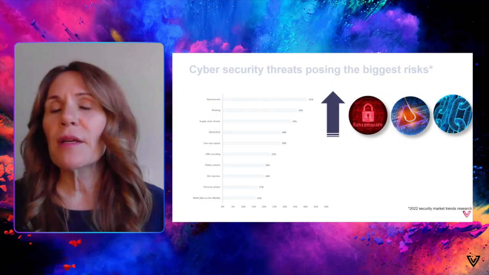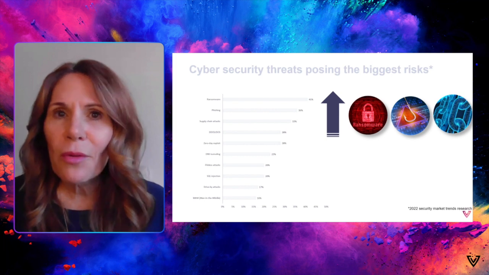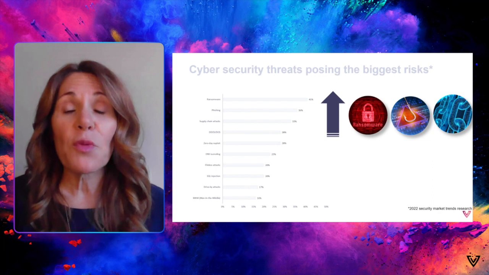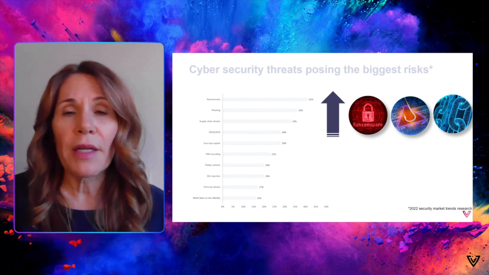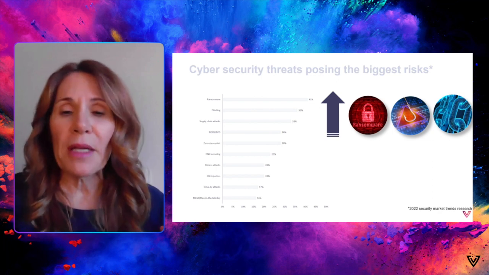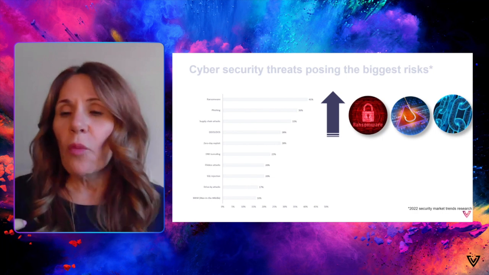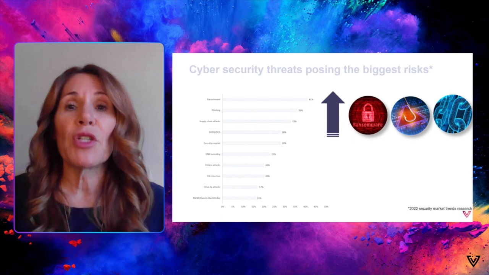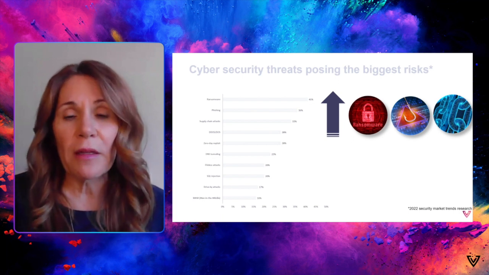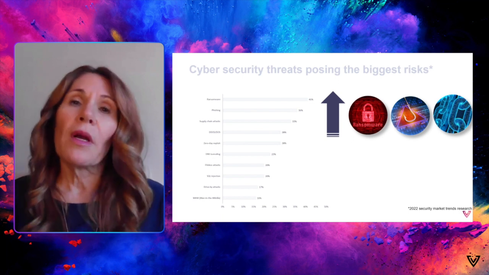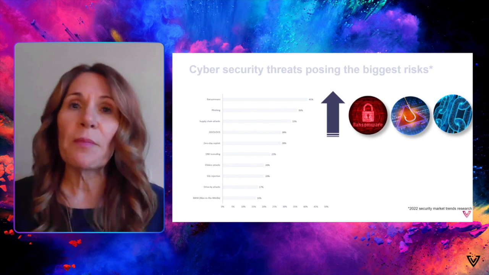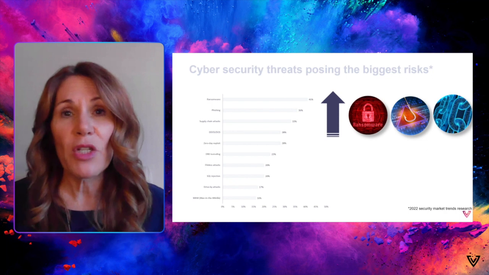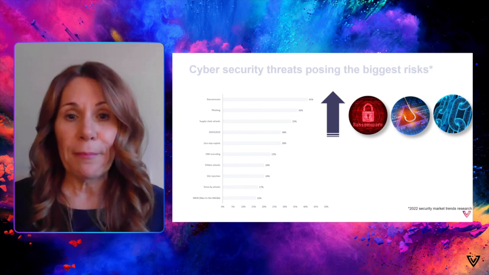Ransomware, phishing, supply chain attacks, those aren't new. Those have been happening even before the movement into the cloud. But they're much more prevalent as our architectures become fragmented and disjointed, and we don't have a holistic view from an infrastructure technology as well as a cybersecurity perspective on how to make sure we are protecting the right people at the right time, at the right place, and giving access to the right information all at the same time.